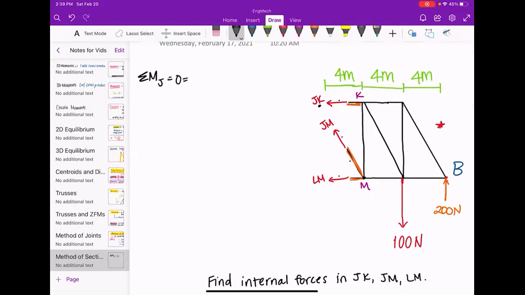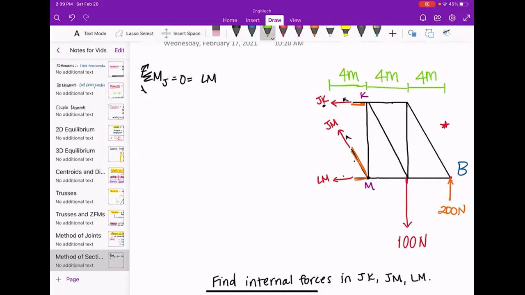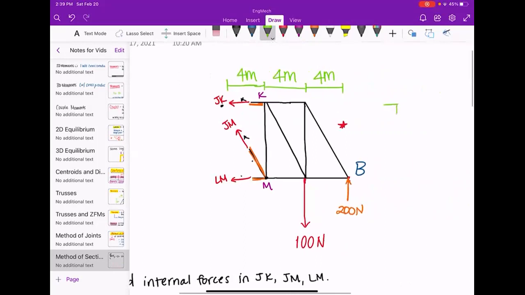You could do either. So taking the moment about J, this cancels, this cancels. I have LM. So LM, oh, I'm going to look at it clockwise. That's positive. So LM, and that is times the perpendicular distance of 6, which was there, but I erased it.